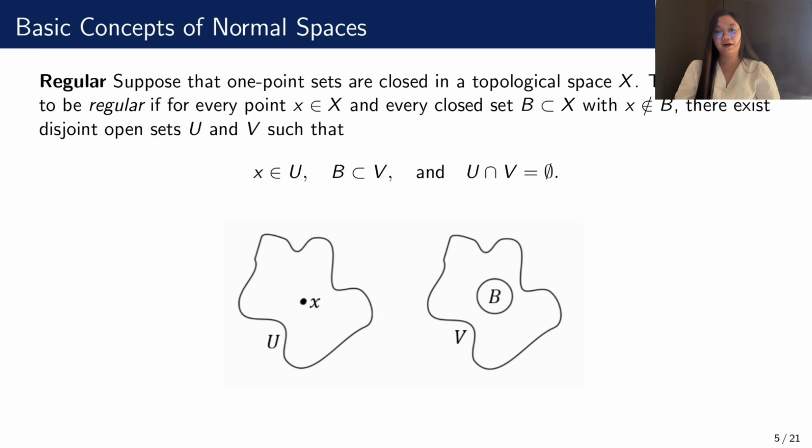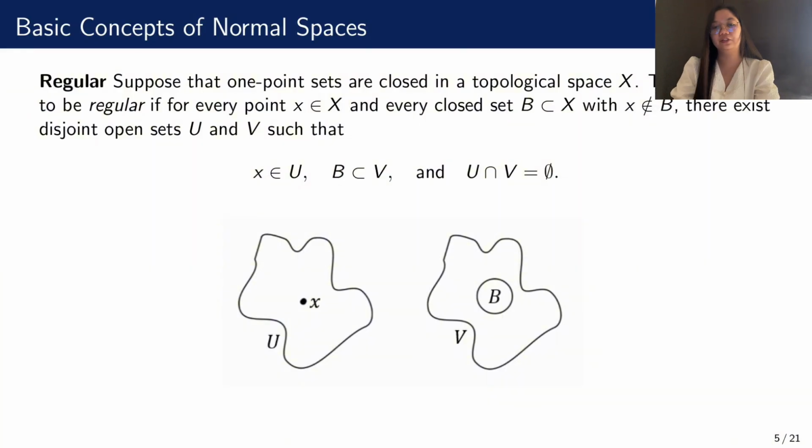Okay, next is the regular. Suppose that one-point sets are closed in a topological space X. Then X is said to be regular if for every point x in X and every closed set B, a subset of X, with x not an element of B, there exist disjoint open sets U and V such that x is an element of U and B is a subset of V, and the intersection of the open sets U and V is empty.